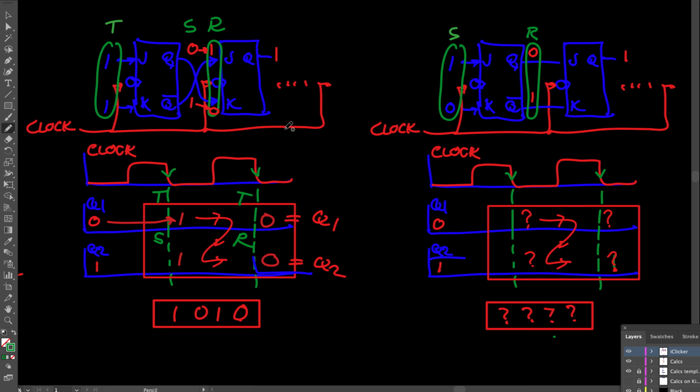I'll give you a hint on this, that this set and this reset applies. The set applies to the first flip-flop here, and the reset applies to the second flip-flop here. You'll need to complete these 2 values here in these 2 positions here, and then give me the actual data outputs.